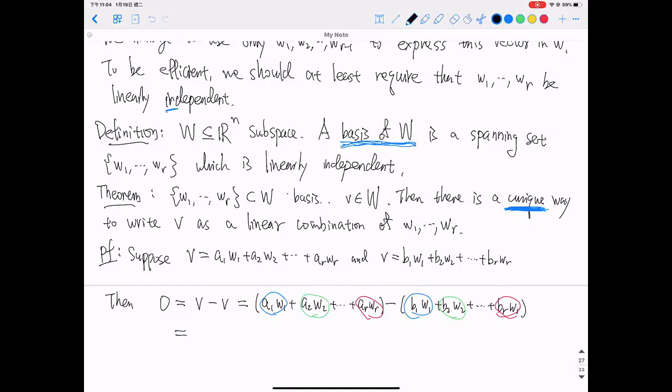If we do that, we will be looking at A1W1 minus B1W1 plus A2W2 minus B2W2 plus ARWR minus BRWR.